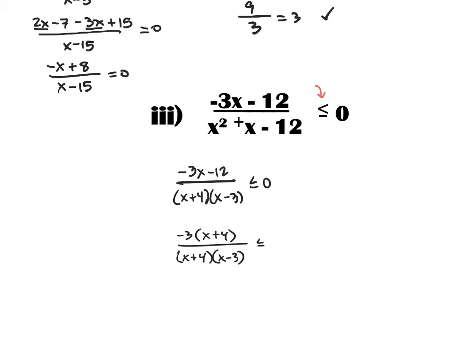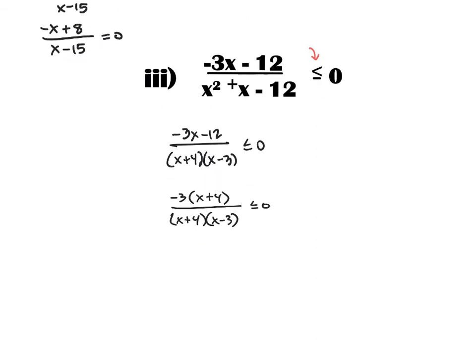So what I get here, and you would have seen it either way, is critical values if I set the numerator equal to 0 originally, and I set the denominator equal to 0.